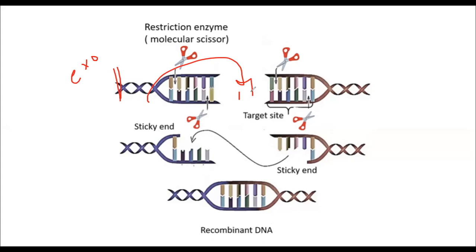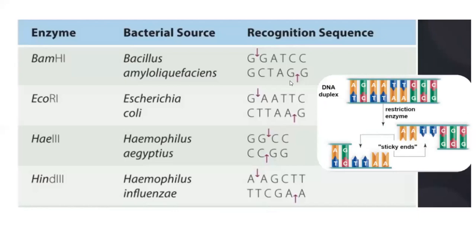So basically the phosphodiester backbone is cut by these restriction enzymes, and depending upon which bacteria they were isolated from, they have different names.